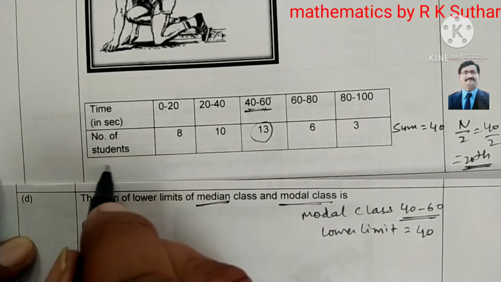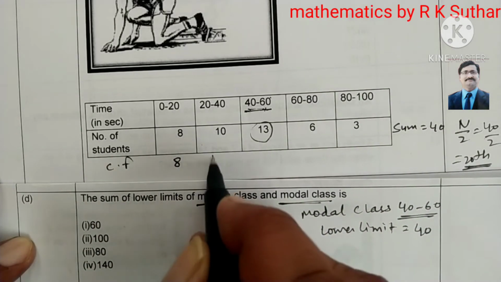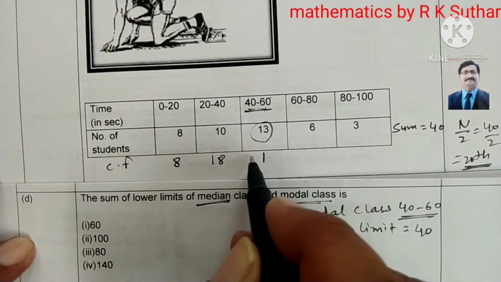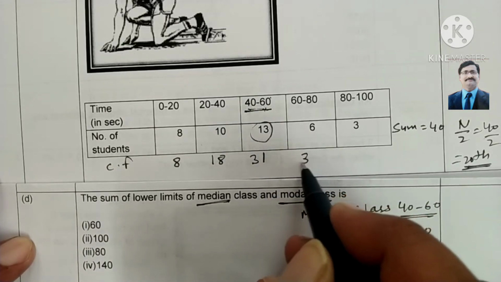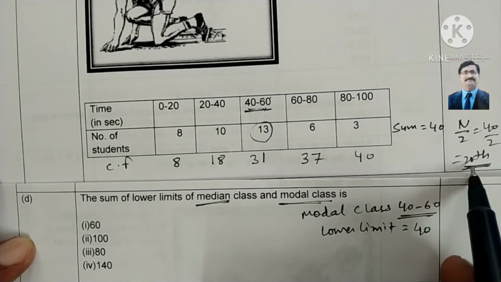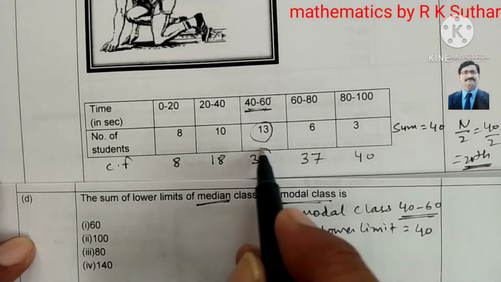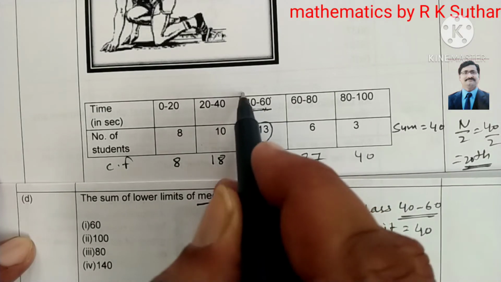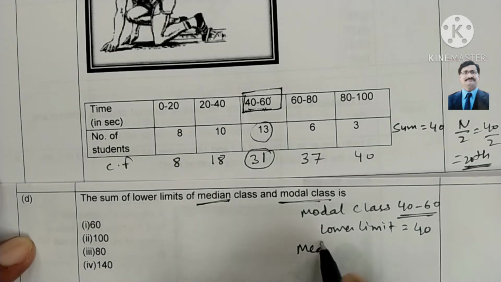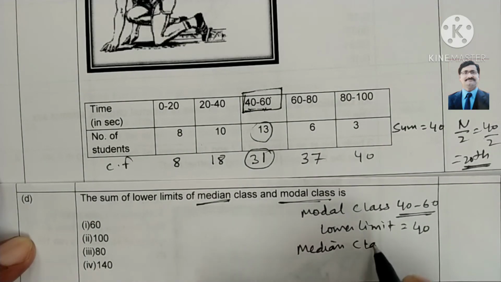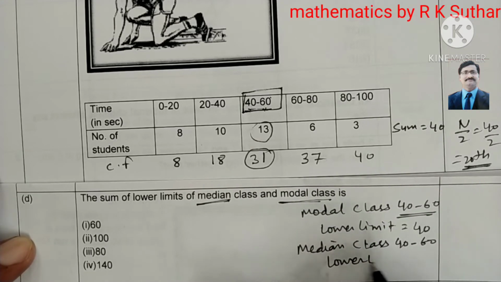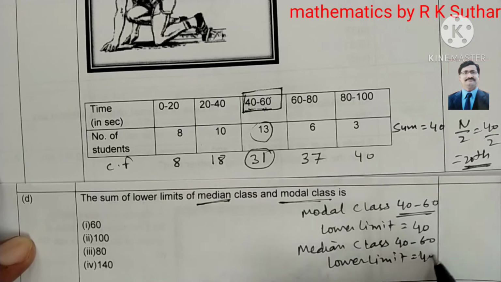So here we do the CF: 8, 18, then we add this, 31, then we have 37, and then 40. This is CF. 20 means we take the class with more than 20, which is 31. So the median class interval is 40 to 60, and the lower limit is also 40.